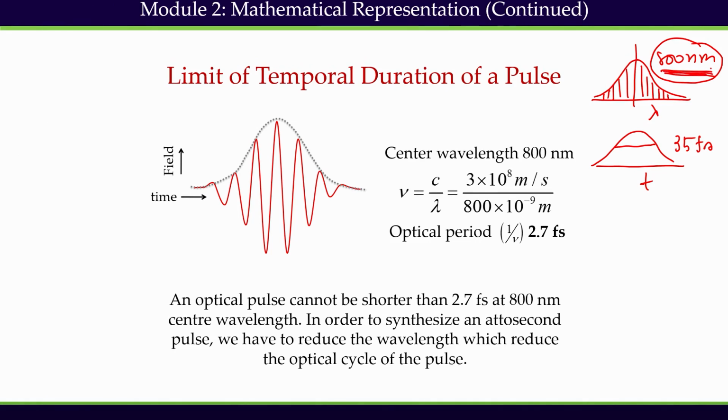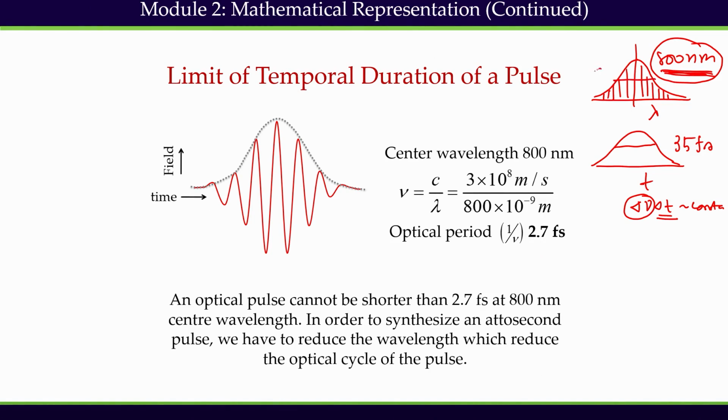Now the question is, for the 800 nanometer pulse, if I try to reduce the pulse duration, then I definitely need more frequency components, because we know that the time bandwidth product, delta nu delta t, is going to be constant. So in order to produce a short pulse, I need, let's say, a broad spectrum, a broad delta nu.